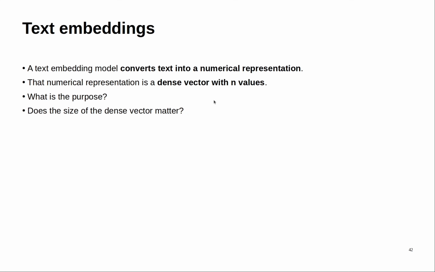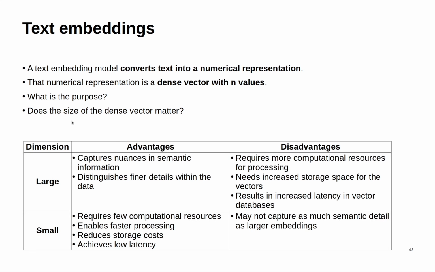Earlier, I mentioned that the output of an embedding model is a dense vector of size n. But does the size of this vector really matter? Let's look at this table to understand better. For large values of n, you can capture more subtle differences in meaning. This is very helpful, especially when sentences are similar but have slightly different meanings.